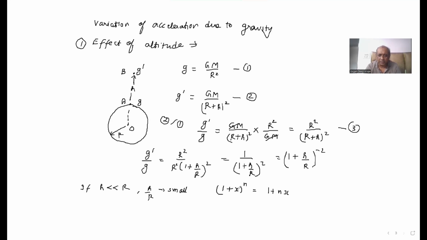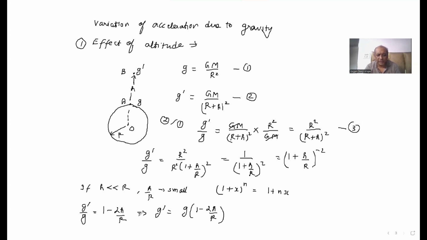So the power will come below. So g dash divided by g is equal to 1 minus 2h divided by R, which implies that g dash will be equal to g into (1 minus 2h divided by R).